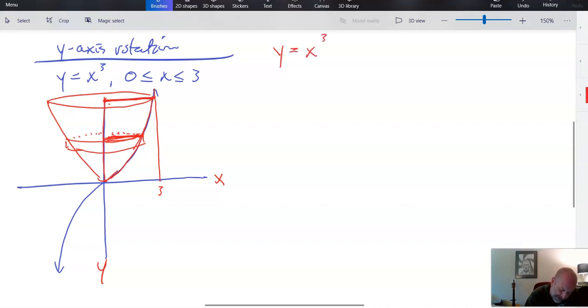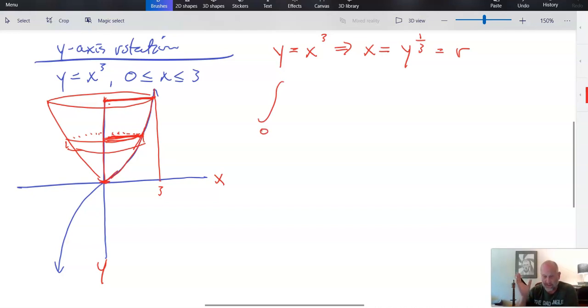So if y is equal to x cubed, then x is equal to y to the 1/3 power. Okay, so that's our function. That's our radius. That's our r. And hopefully you're getting to the point where you can start to just set up the integral immediately. So we're going to need our limits of integration. I know this starts at 0, so I'm going to put that one in.